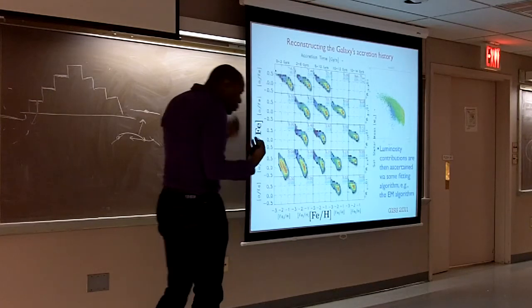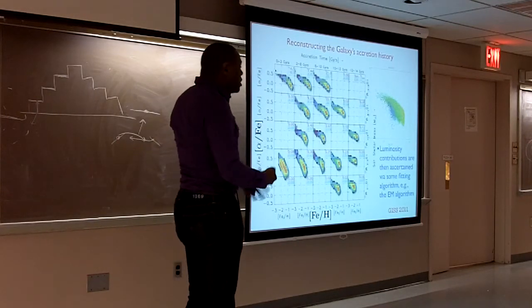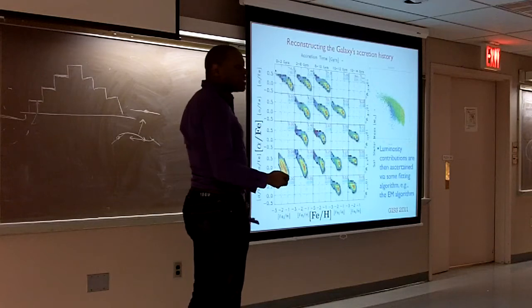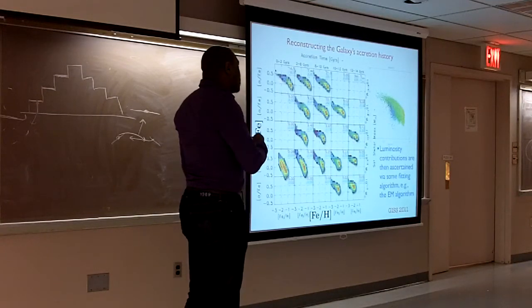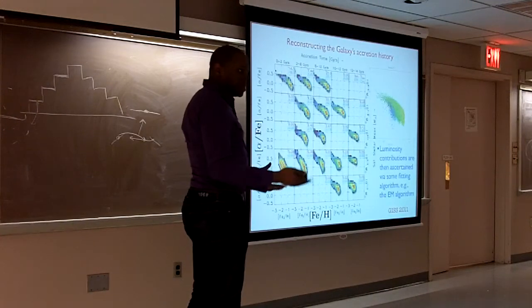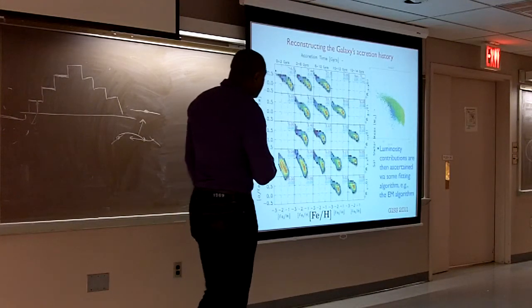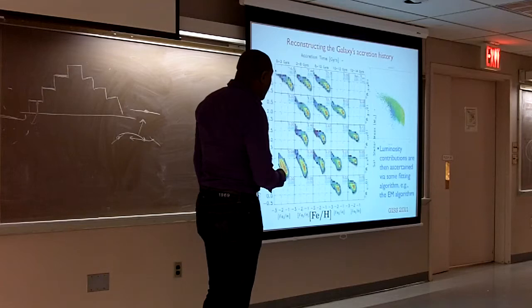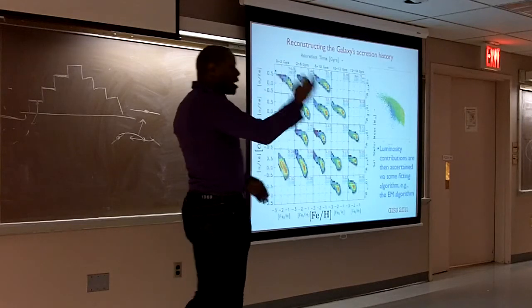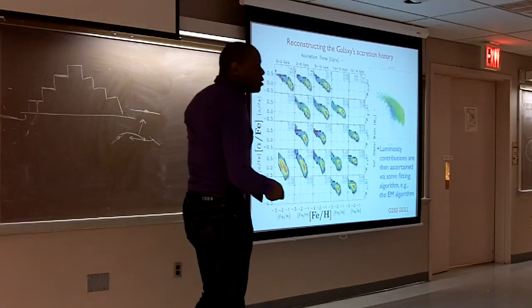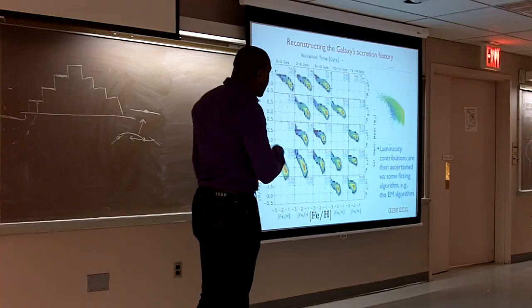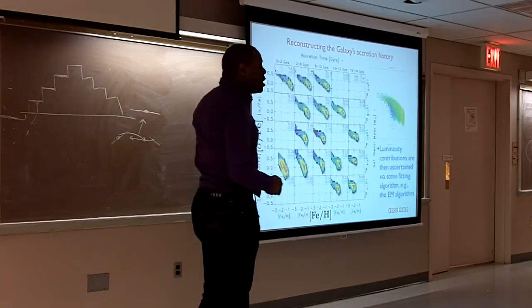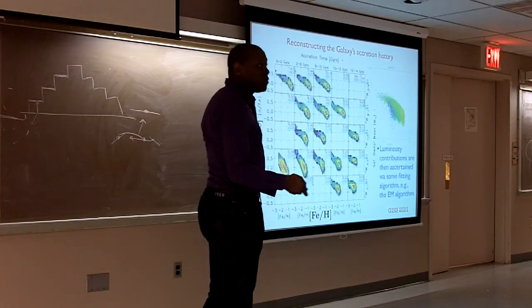And from the luminosity contribution to the halo, you can then start to look at quantities like the number of dwarf galaxies of this nature that fell in, and so on and so forth. So the real key here is this is a way to get past that dynamical wall in terms of how far back you can look into time and try to infer the actual formation of the galaxy.